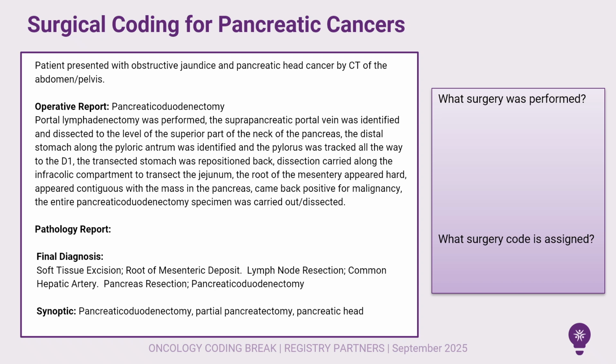The suprapancreatic portal vein was identified and dissected to the level of the superior part of the neck of the pancreas. The distal stomach along the pyloric antrum was identified, and the pylorus was tracked all the way to the D1. The transected stomach was repositioned back, and dissection was carried along the infracolic compartment to transect the jejunum.